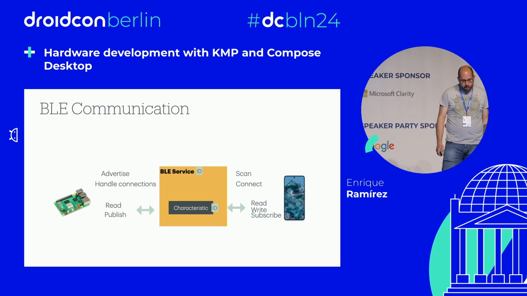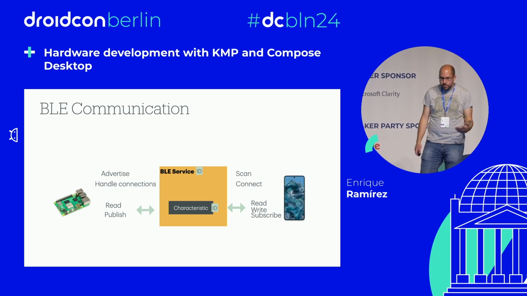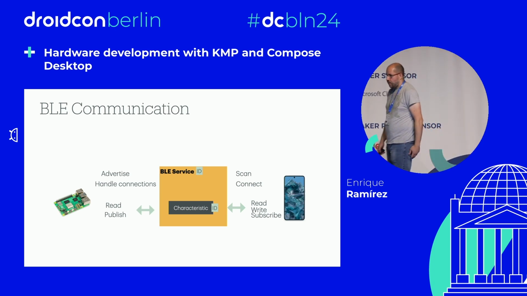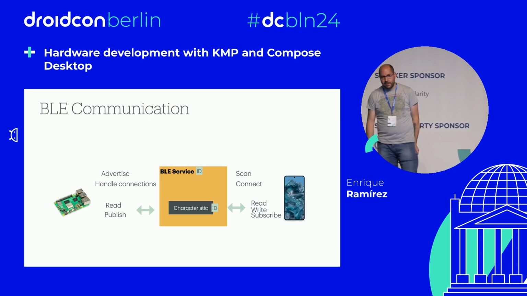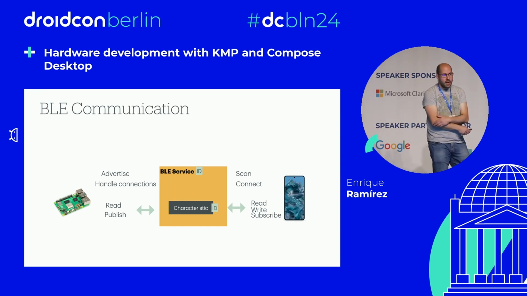If you know anything about Bluetooth Low Energy, you might know that you need something called characteristics. Characteristics are like endpoints on REST. Let's say it's how you talk from one device to another. It's the port that you use for that. And you can define many. And they can be read-only, read-write, or notify.